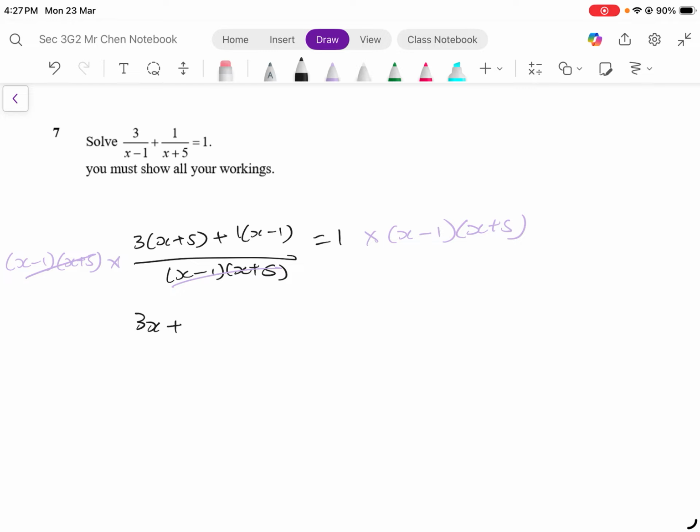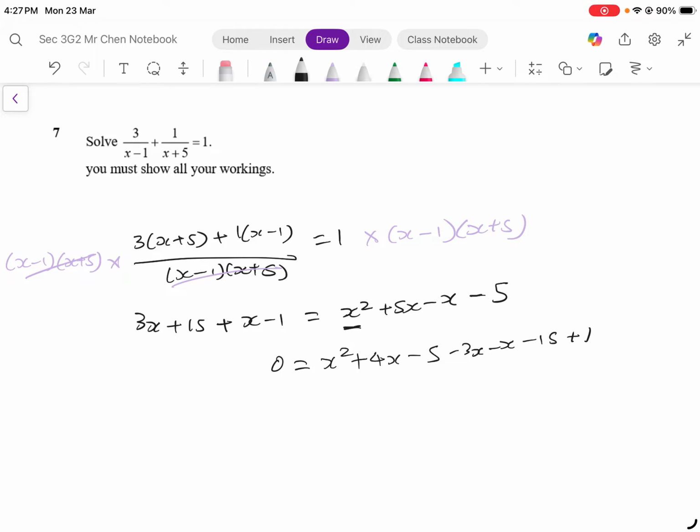Get 3x plus 15 plus x minus 1 equals x squared plus 5x minus x minus 5. Okay, so x squared is positive here, so I bring everything to the other side. So x squared plus 4x minus 5, bring over minus 3x minus x minus 15 plus 1.